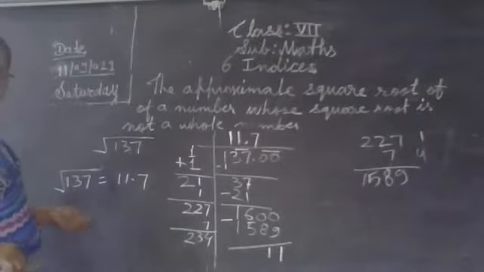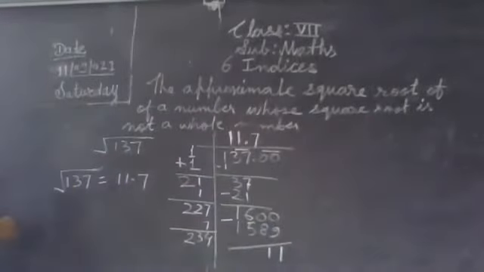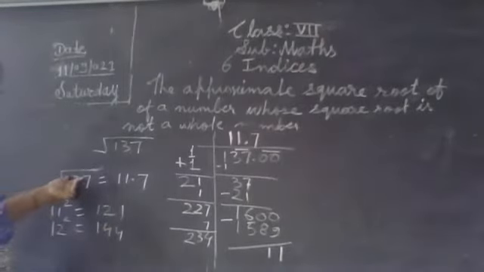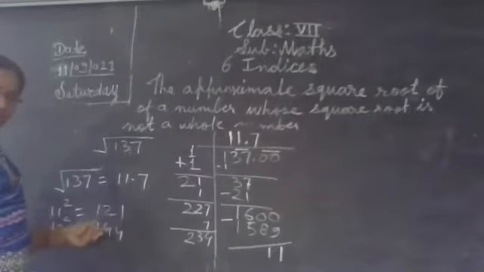See children, 137. 11 square is 121 and 12 square is 144. So this 137 is in between 121 and 144. It means it is greater than 11 but less than 12.